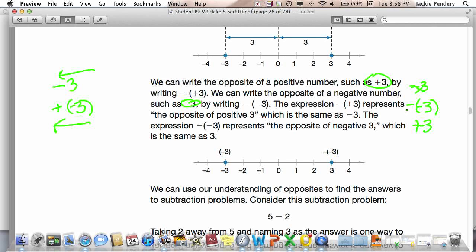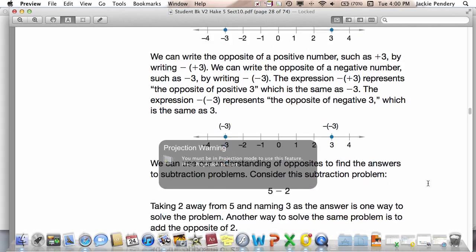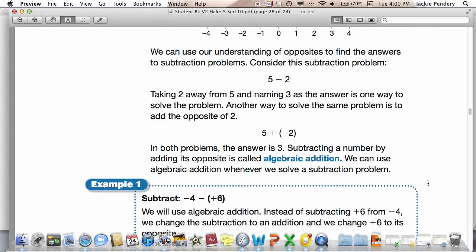So when I see that negative sign, I want the opposite of whatever number this is. So -3, and the opposite of -3 is +3. I can also say the opposite of 3, which is just what it looks like, -3. The opposite of +3.